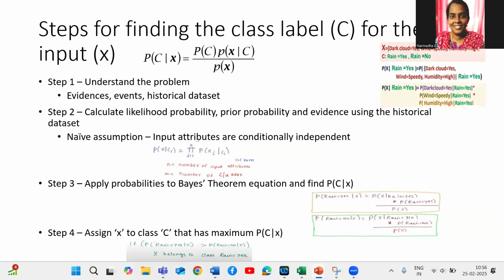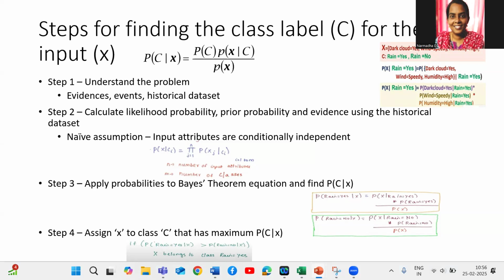And these are all the steps. How do we find the class label for a given instance? The first step is to understand the problem statement. You have to observe the events in the historical data set and the class probability.